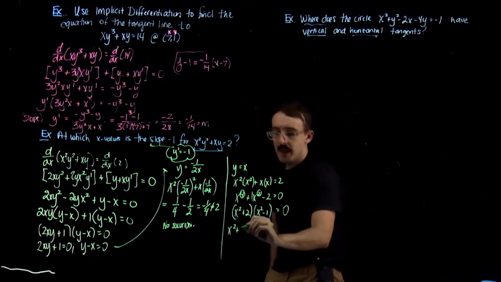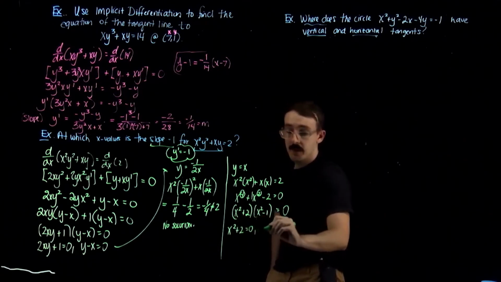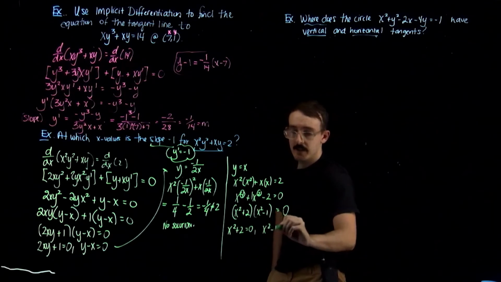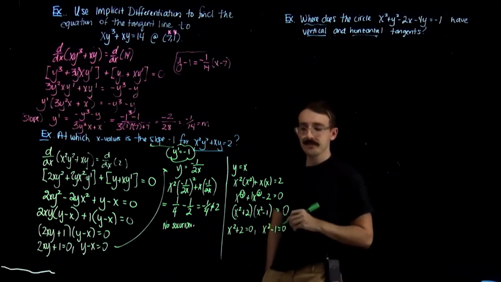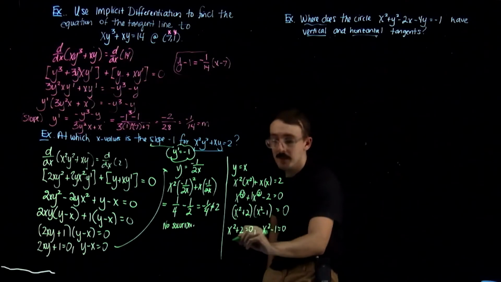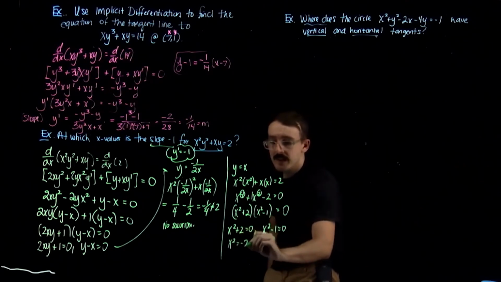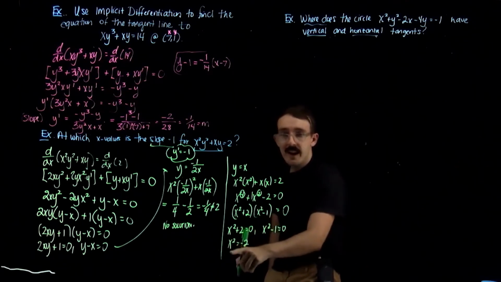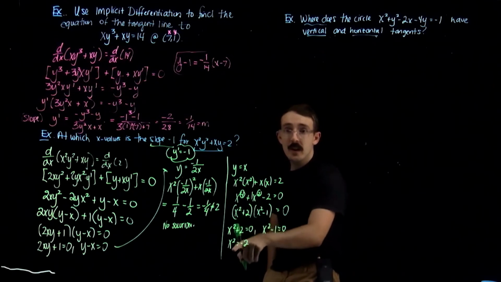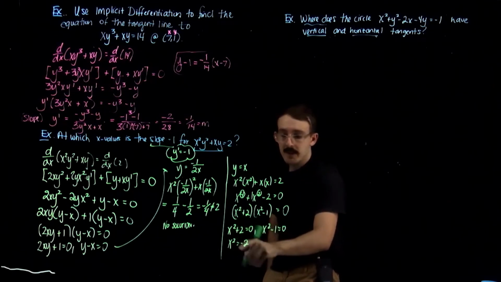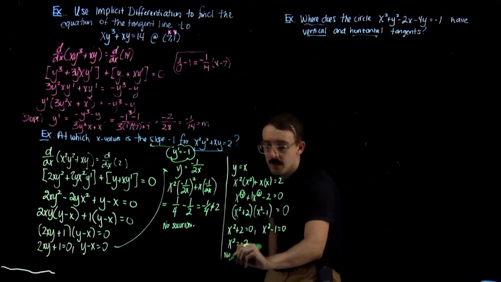So either x squared plus 2 is 0, or x squared minus 1 is 0. Well, this one you'll see is impossible, because this tells me x squared is negative 2, and I can't have the square of a real number be a negative number. So this one is also no solution.